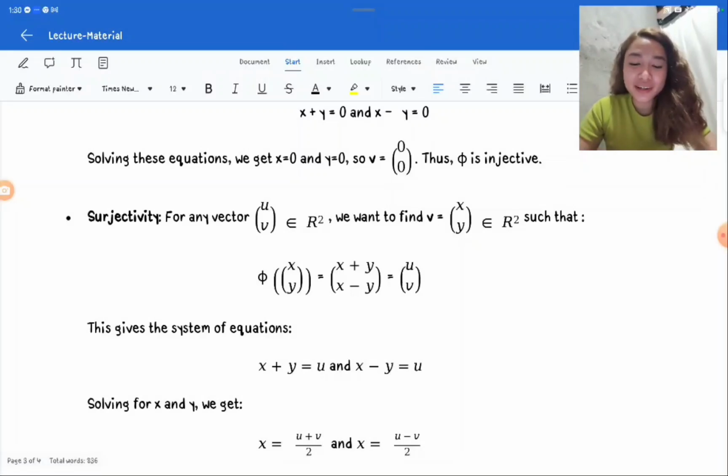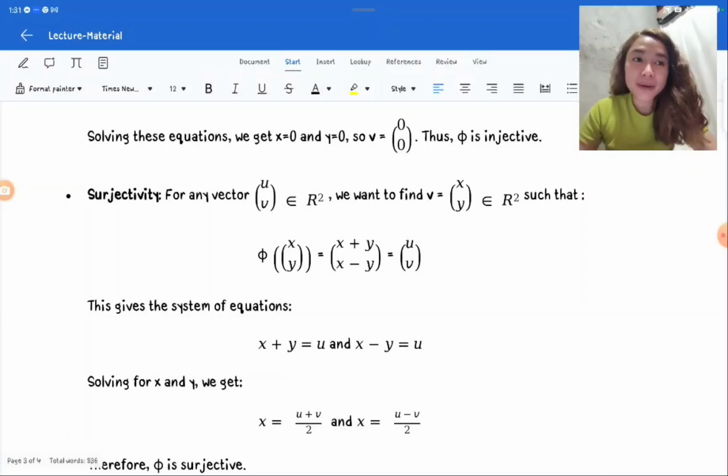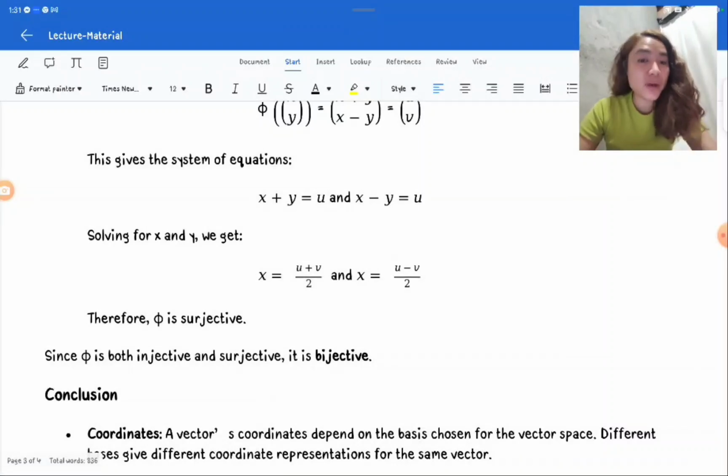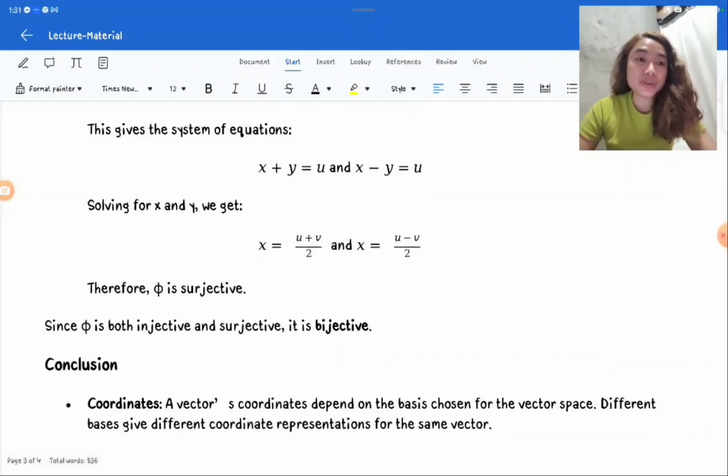For any vector (u, v) in R squared, we need to find (x, y) in R squared such that pi of (x, y) equals (x plus y, x minus y) equals (u, v). So this system of equations: x plus y equals u and x minus y equals v.